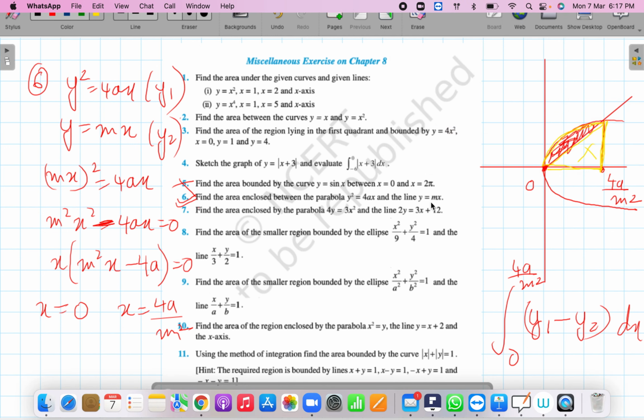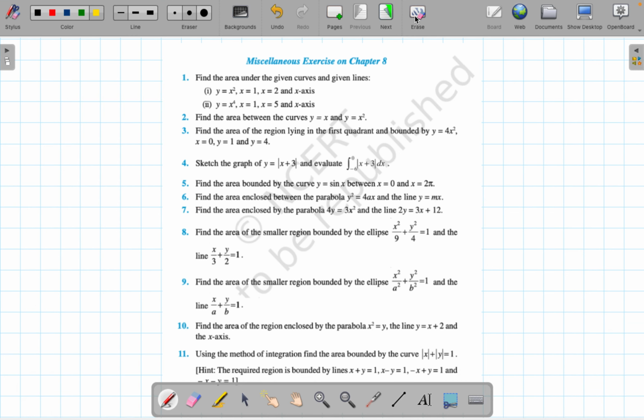Let's move further. After question number 6, let's do question number 7. 7 is again just the same way. Again, parabola and line, you can find the point of intersection, and parabola will be symmetrical towards y-axis. So I think you'll be able to do it.